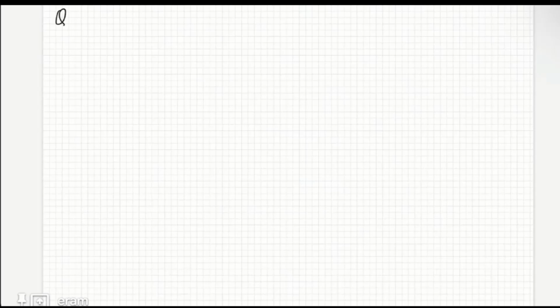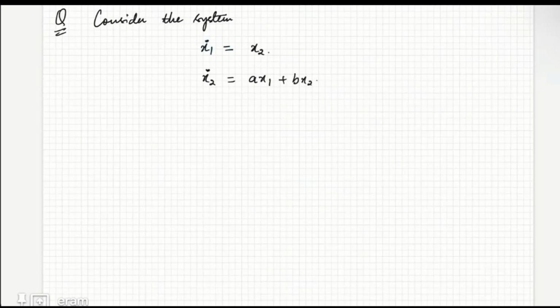Okay, we have the first question. So we consider a second order system which is given as x1 dot is x2 and x2 dot equals a x1 plus p x2 minus x1 square x2 minus x1 cube, and let the domain of interest be the whole plane.